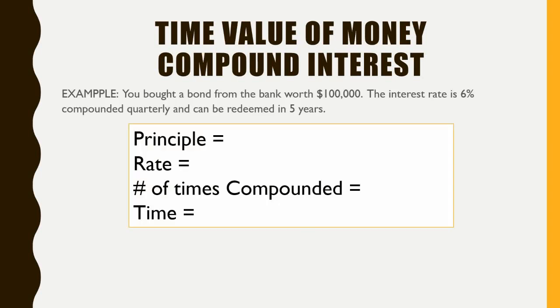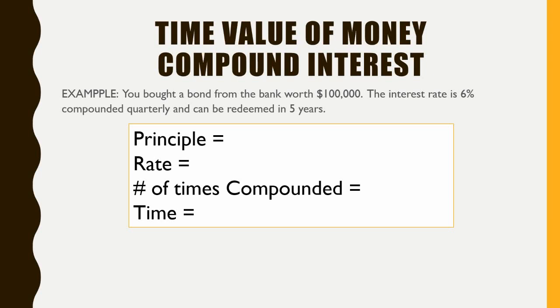So in this case, here you go. We have to figure out what our variables are. What's my principal? $100,000, right? That's my original investment. My rate is 6%, which is 0.06. The number of times compounded.